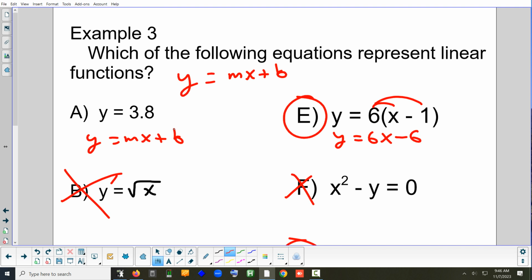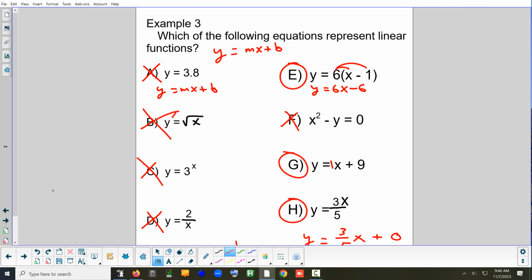It doesn't even have an x in the problem. So technically, that is not a linear function. It's called a constant function. I'm not going to really talk more about that right now, but it is not y equals mx plus b. Okay, so any questions on identifying linear versus nonlinear?